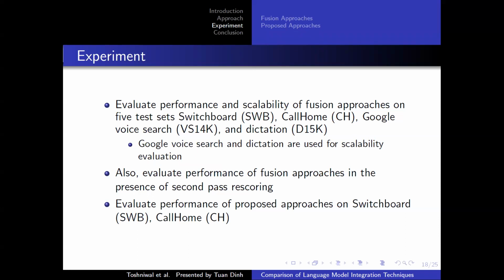Google Voice Search and dictation are used for scalability evaluation. Also, the authors evaluated the fusion approaches in the presence of second pass rescoring. And lastly, they evaluated their proposed methods on the Switchboard and CallHome sets.